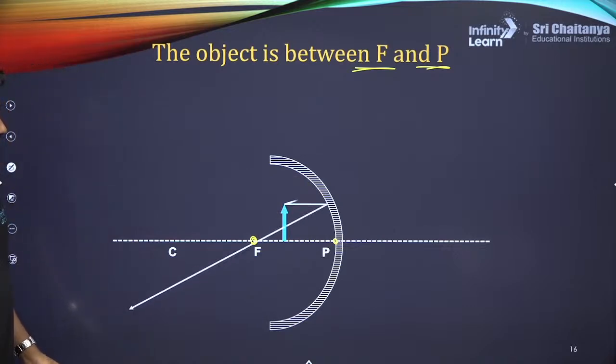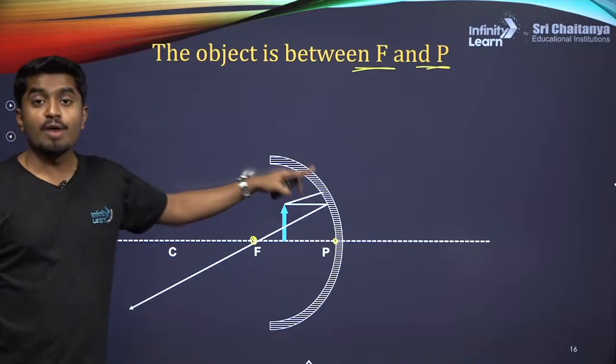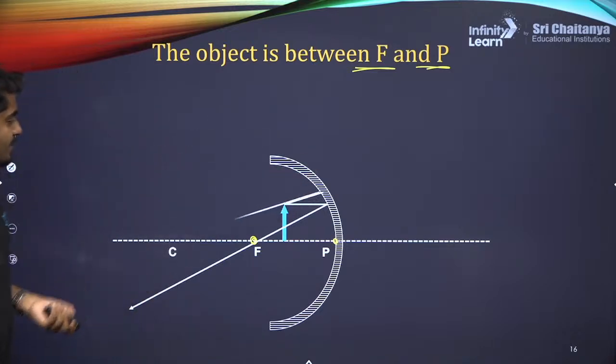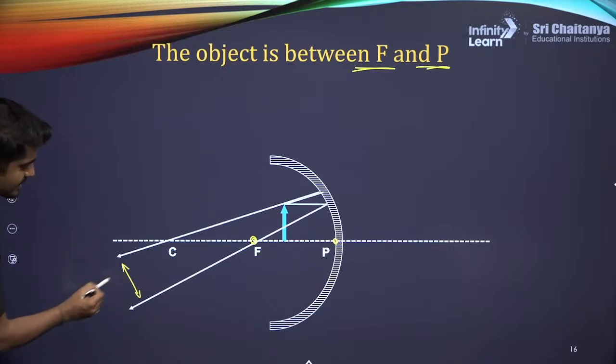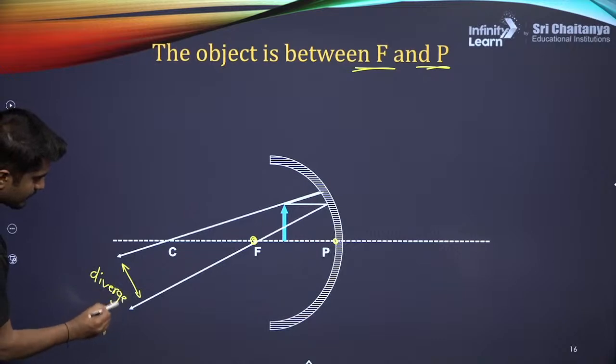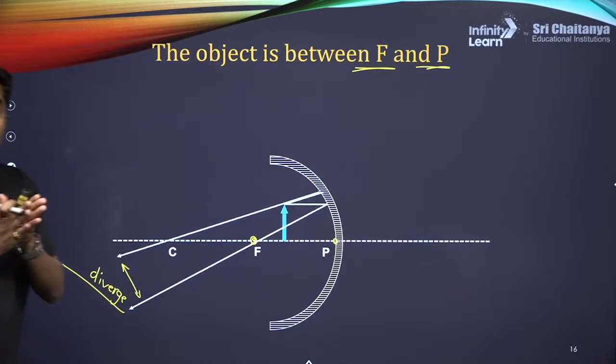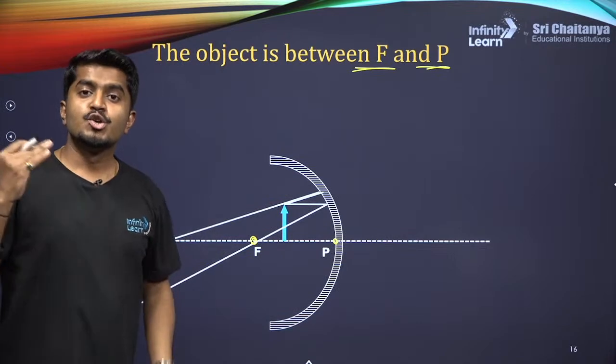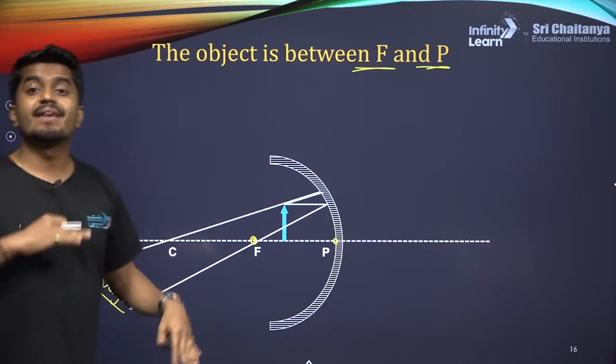The second ray is coming from the center of curvature. It will get reflected backwards. Now look at these two rays. They are diverging, or going away from each other. So in that case, they are surely never going to meet.